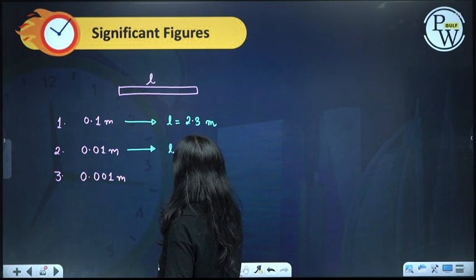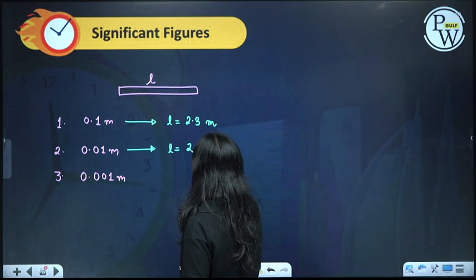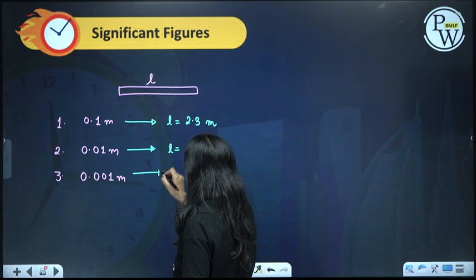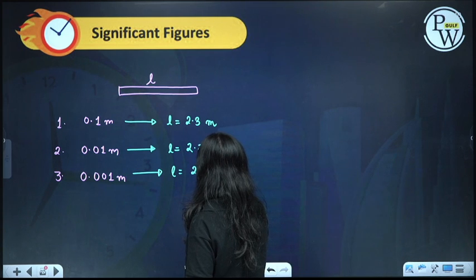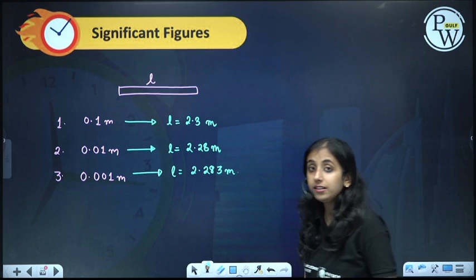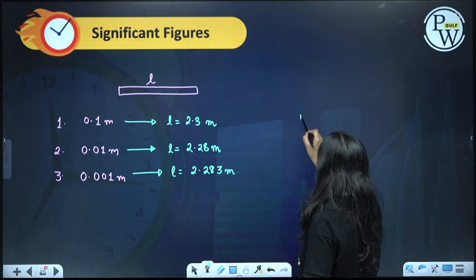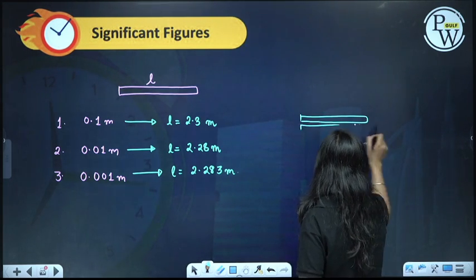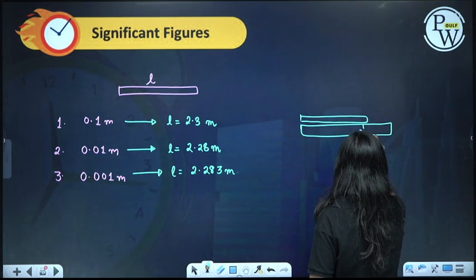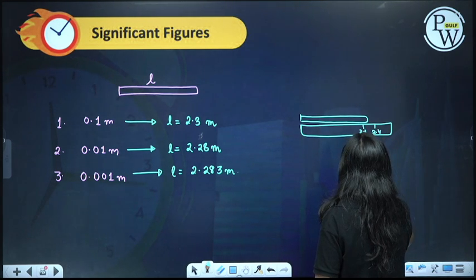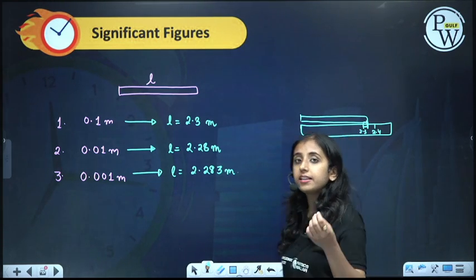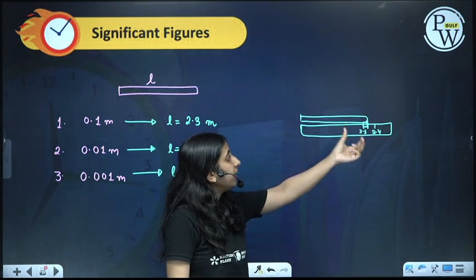When I measured it using the second scale, I got the length as 2.28 meters. And when I measured it using the third scale, I got the length as 2.283 meters. So what is happening over here? When we place the rod and the scale, if here is my 2.3 mark and here is my 2.4 mark, I am not able to measure this distance because my scale only has marks of 2.3 and 2.4.